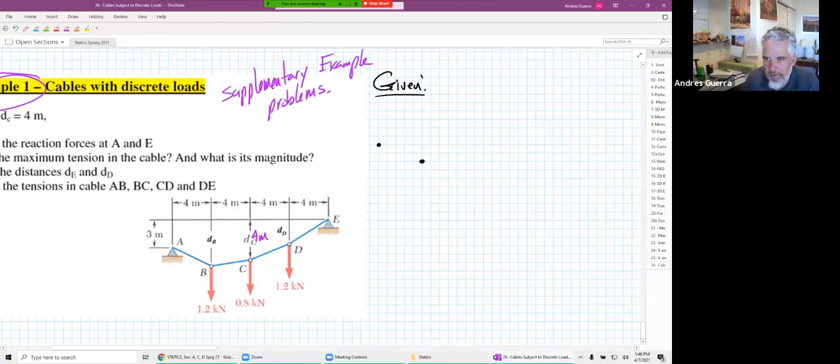Point C is higher than B, but lower than A. So I'll put it right there. Point D, I can't really tell where it is relative to A. I'm going to go ahead and make it higher than A. And don't make any assumptions on these, right? If they don't specifically tell you that a point is in line with another point, then we can't make that assumption. So I'm just going to put point D right there.